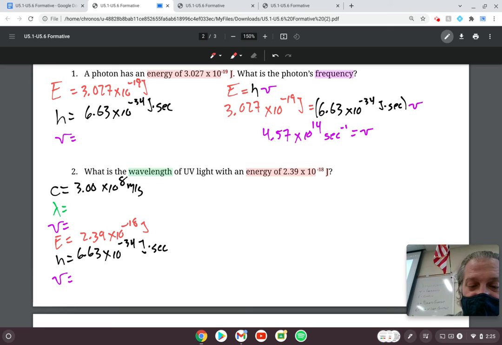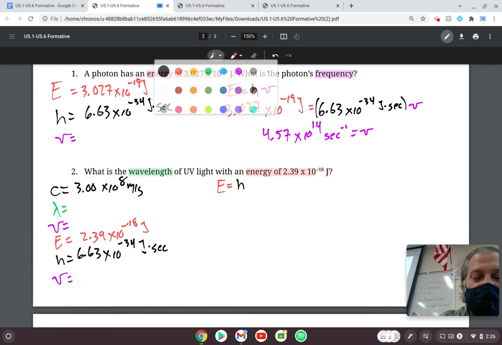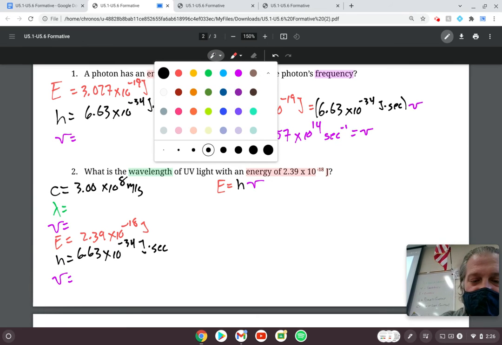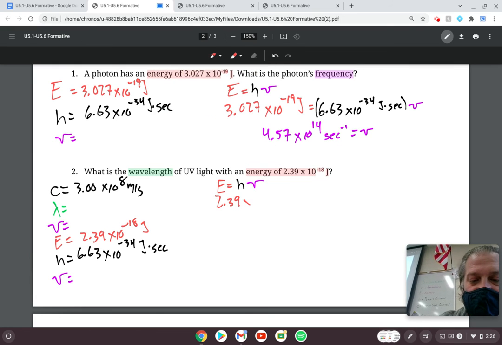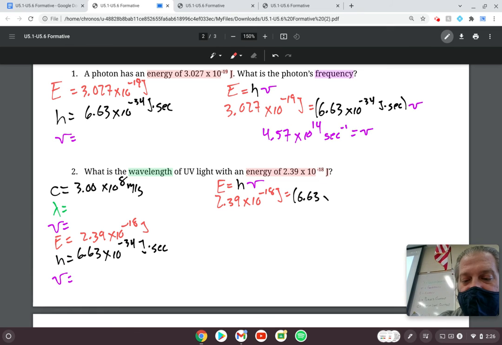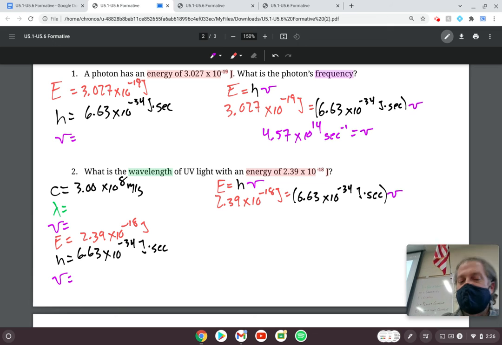So I'm going to start with the energy formula. Energy is equal to Planck's constant times frequency. In this case, 2.39 times 10 to the negative 18 joules is equal to Planck's constant, 6.63 times 10 to the negative 34 joule seconds, times the frequency, which we're going to need to solve for.